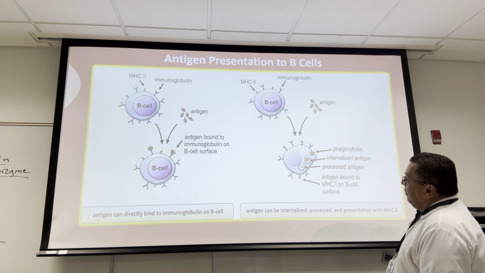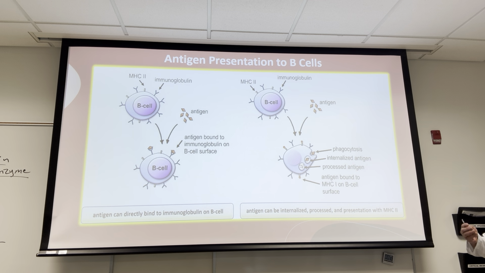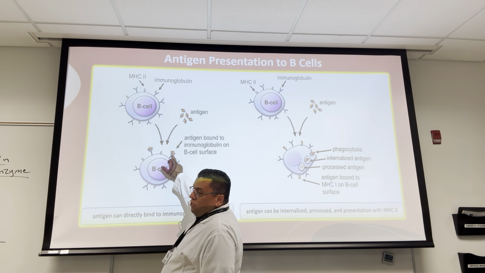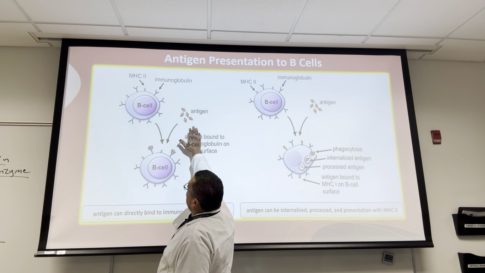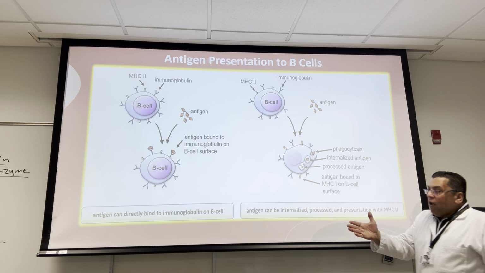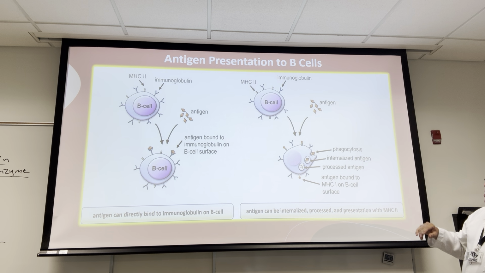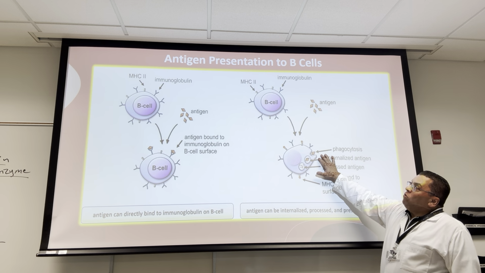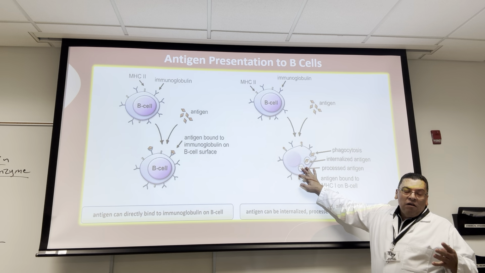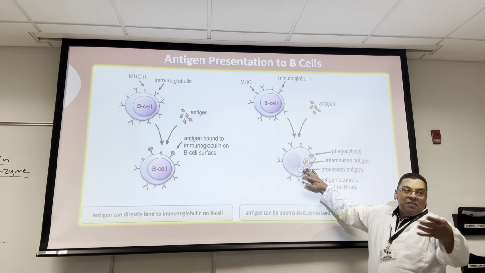The B cell. Remember the B cell has a receptor that can bind to the antigen as well. So antigen can directly bind to the B cell as well. The B cell can also phagocytose the antigen or the pathogen and present that antigen as an APC.